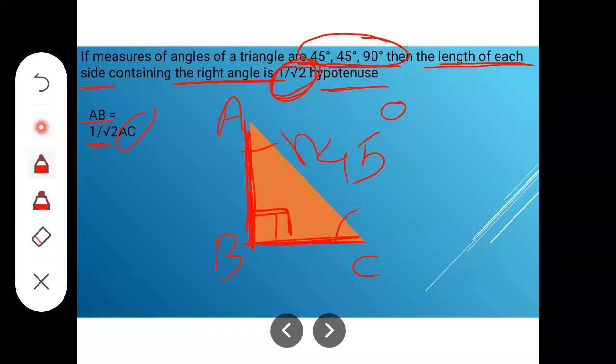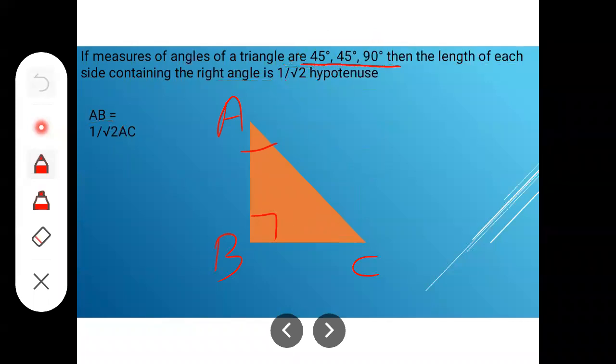Okay, so in a 45-90 triangle, the side opposite to the 45 degree angle is 1 by root 2 of the hypotenuse. Okay, these are the three formulas: how to find the side opposite to a particular angle, that may be 30 degrees, 60 degrees, or 45 degrees. Now together we will see all the formulas. Okay, see, that is very easy.